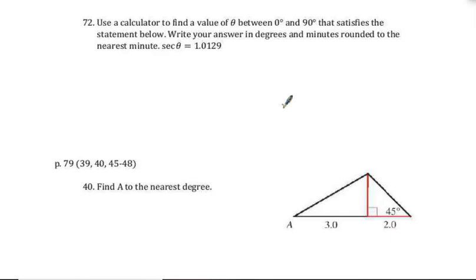Number 72, they want us to use a calculator to find theta, this time in the first quadrant, that satisfies this statement. Secant theta equals 1.0129. Write our answer in degrees and minutes. That's important, rounded to the nearest minute. Okay. Secant, again, is 1 over cosine. So 1 over cosine theta equals 1.0129.